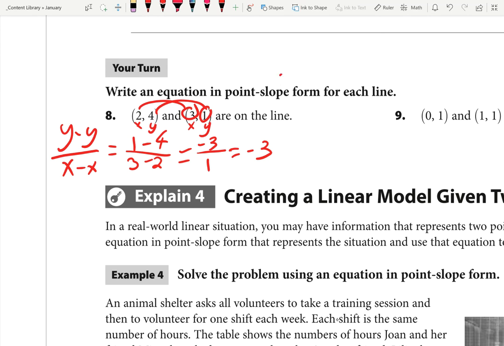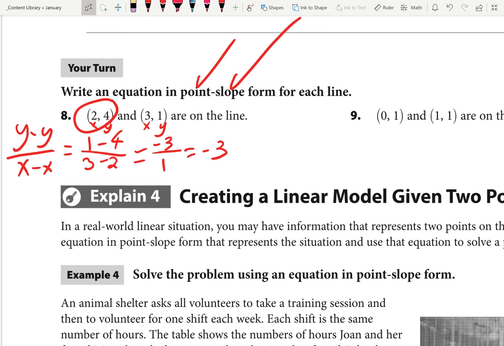So now I know my slope, and I have 2 points, so I can just pick one of them. Let's pick this first one. To write it in point-slope form, this would be y minus 4 equals -3 times (x minus 2). And you can see again, the 4 is our y value, the -3 is our slope as we calculated, and this 2 is our x value.